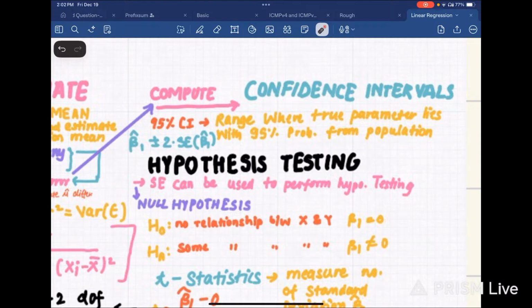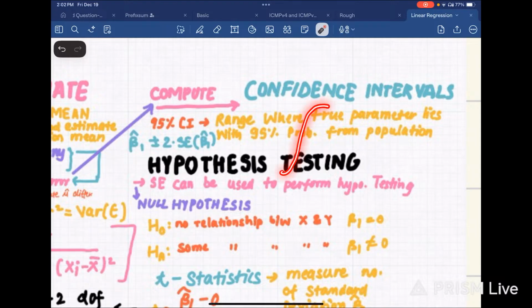So beta 1 cap plus or minus twice the standard error of beta 1 cap. It means the true parameter lies within that range with 95% probability from that population.